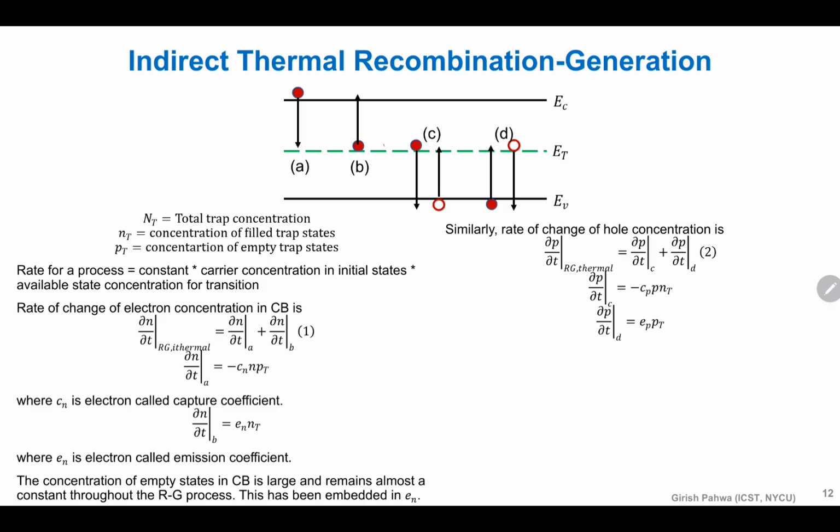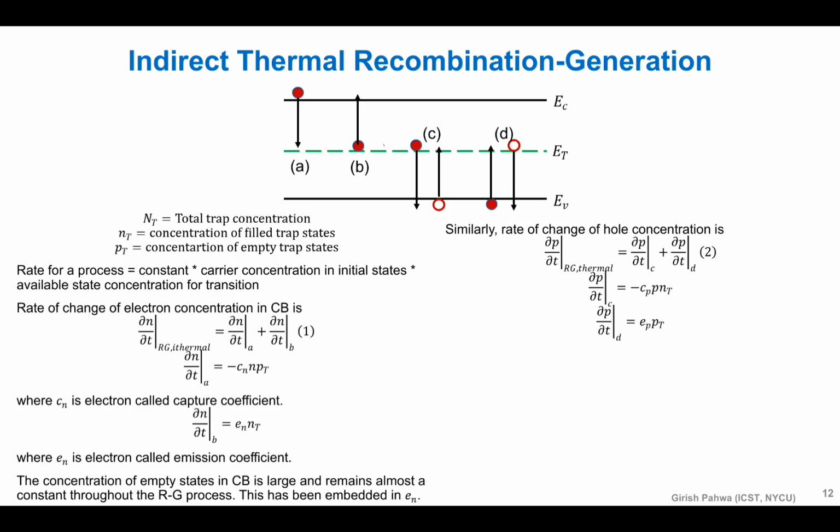Now you know the rates for all of these four processes. So what's the next step? What do I do now? Let's see how these coefficients are related to each other. How they are related can be determined from the equilibrium situation.